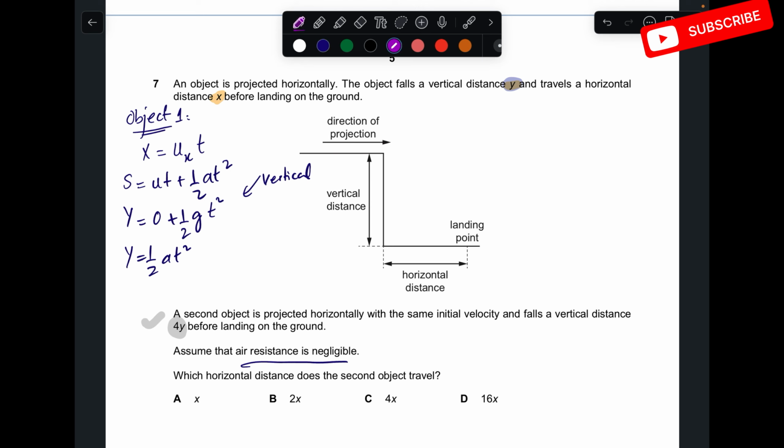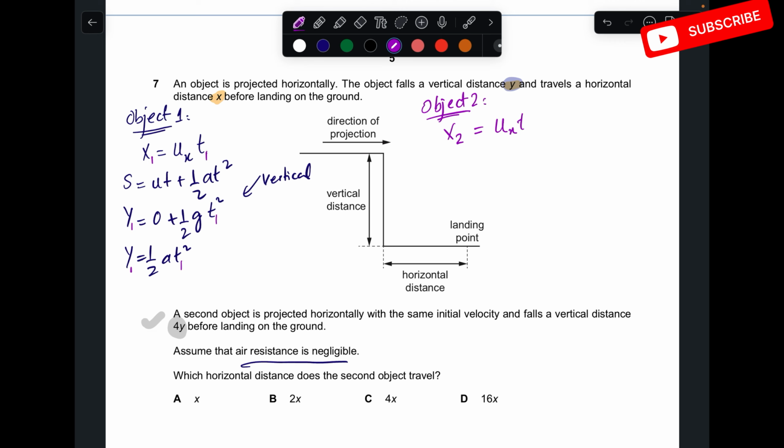Let's try for object 2 and see what we get. For the second object, let's call the distances x1 and y1 for the first, so we have to find x2. x2 will be ux, which is the same in both cases, times the time, let's call it t2, while t1 is for the first object.